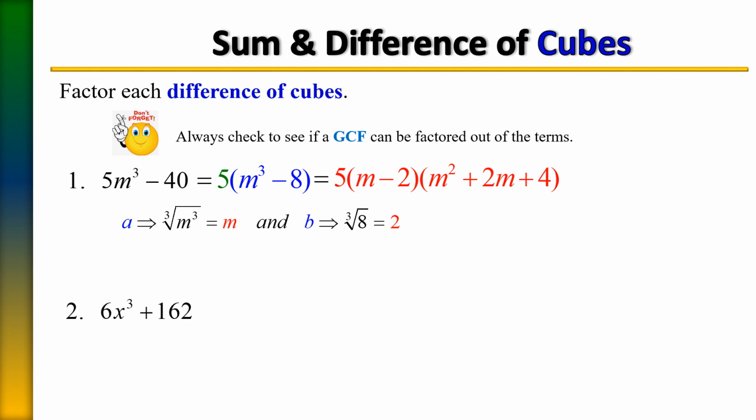And what's left is the factorization of your difference of cubes. Go ahead and try the next example. Find the GCF. And then what you should be left with is a sum or difference of cubes, and then you're going to factor it further.